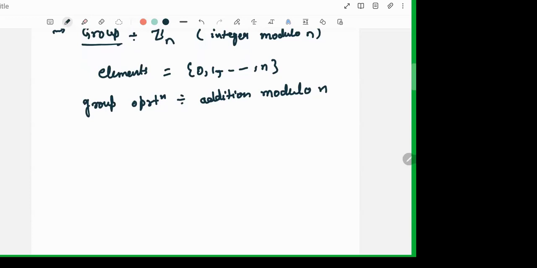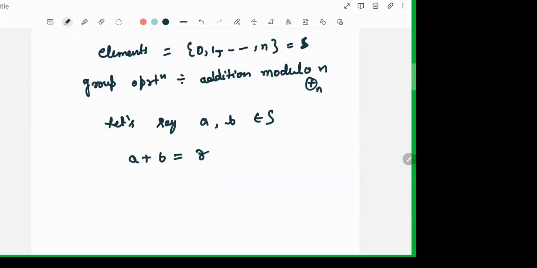Suppose a, b belong to this set, let's say this set S. How will you define their sum? a plus b is equal to some element r, the usual sum in the integers. The sum modulo n, I will write as a direct sum b, defined as the remainder when r is divided by n.